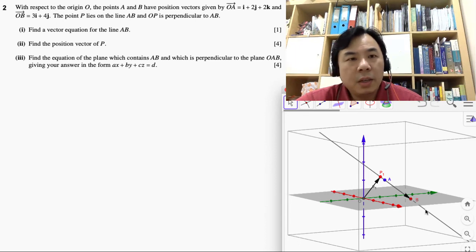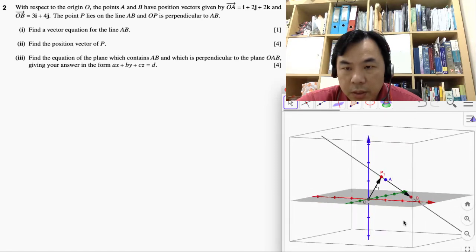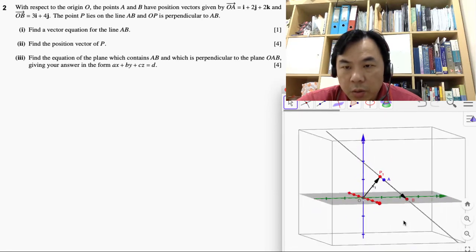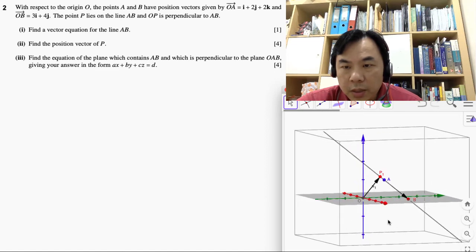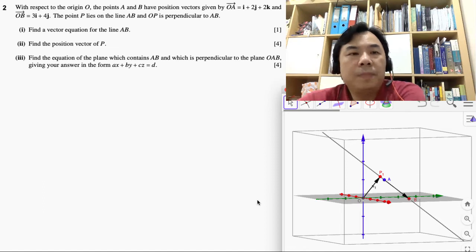We are also given that the line OP, or the vector OP, is perpendicular to the line joining points A and B. Just to show you how it looks over here, that is the line OP that is at 90 degrees to the line AB. I hope that's clear.